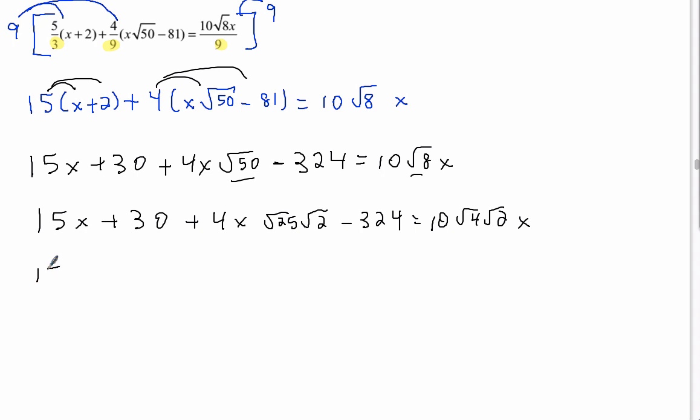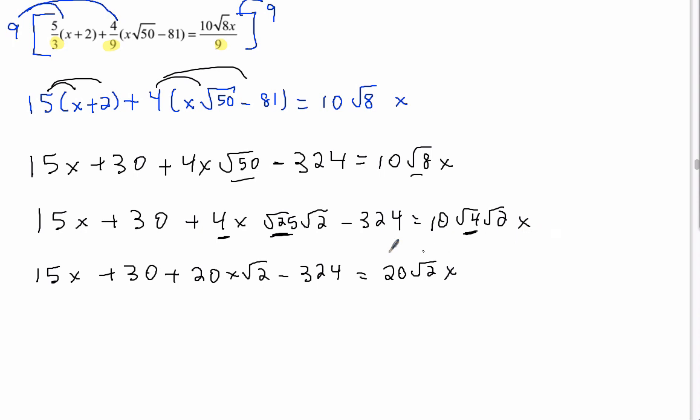Okay. Carrying on, 15x plus 30 plus, now this is a 5 times the 4 is 20, x root 2 minus 324 equals, this is a 2 now, 2 times 10 is 20 root 2x. Okay, we can see there's x terms here and here.